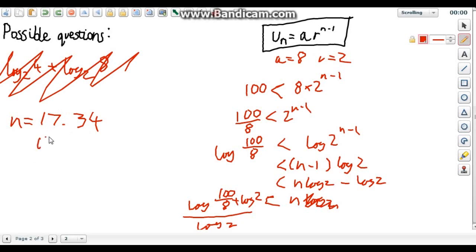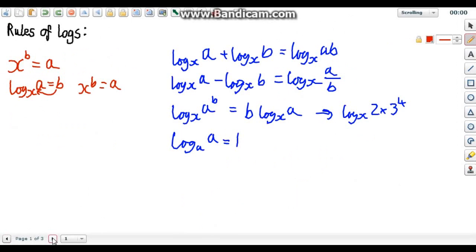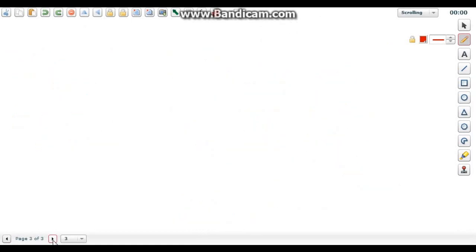So I would try 17 and 18, see which one is actually the one that works in our original inequality, and through that get the right answer. But really it's just remembering your log rules and using them in a bit more of a creative way because it's in the context of an AP and a GP. And again, if you remember those rules, you should have no problem.